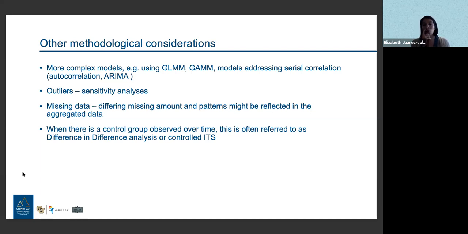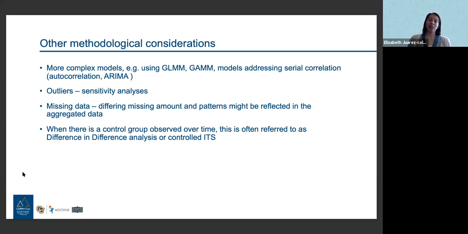Angela was saying that the rule of thumb is often 8 to 12 data points before and 8 to 12 after. But say that you only have 8 or 10 time points, and you have a few outliers in one of your data points that might be driving or influencing the results more than we would wish. So it's just something to be careful with.